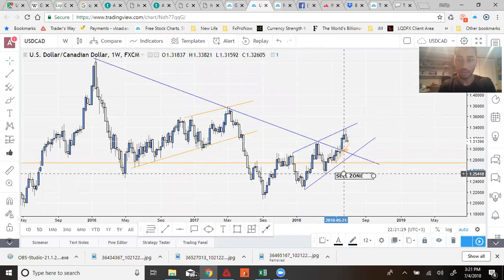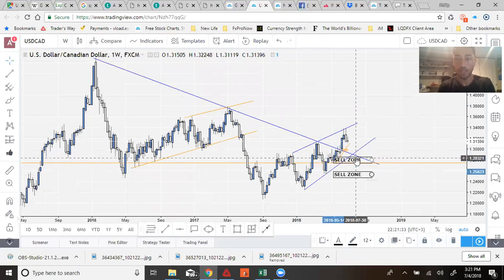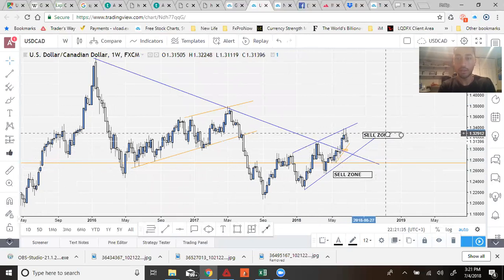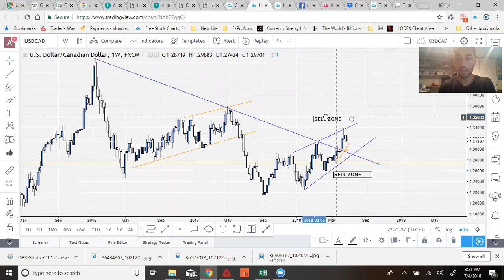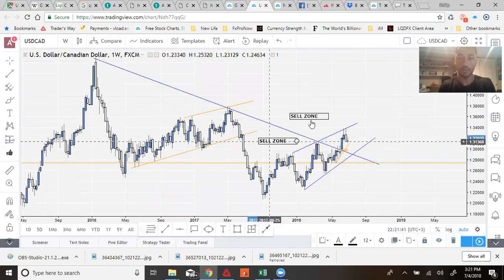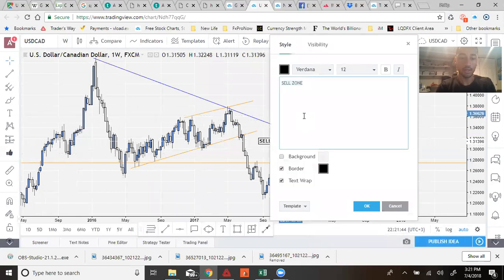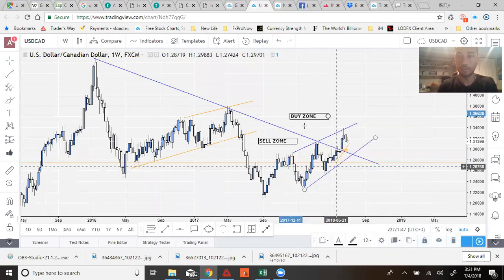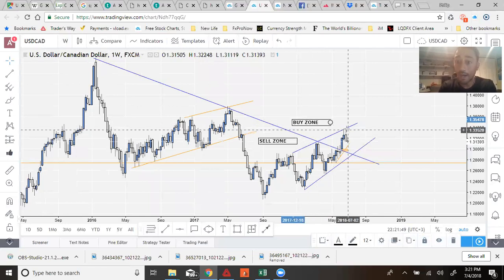Under here is the sell zone, and above here is the buy zone. Sell zone and buy zone. Boom. So right now it's in the buy zone.